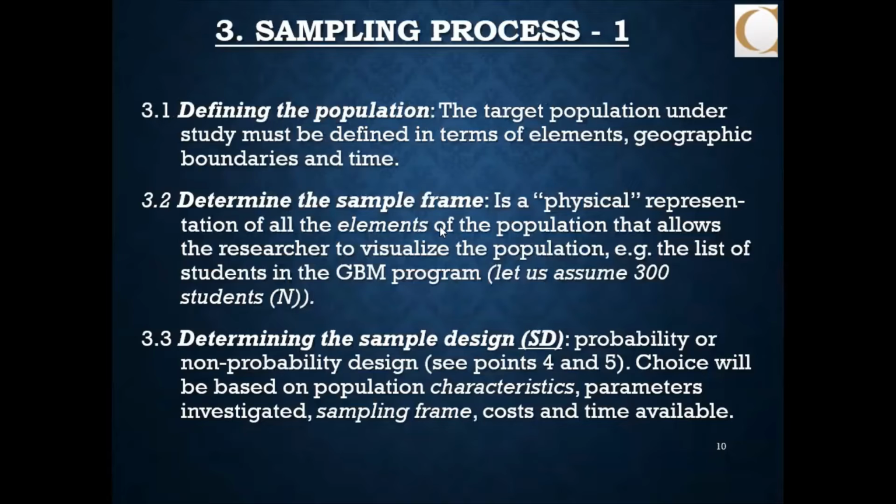So the population should be defined in terms of elements, geographic boundaries, and time. So like Canada during the year 2022, let's say, that would be the population. And then sample frame, we have to determine the amount of people.